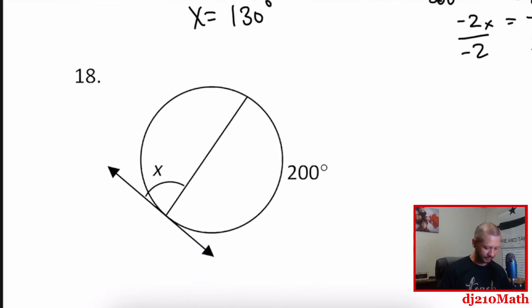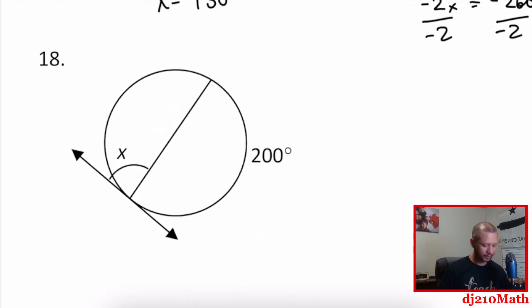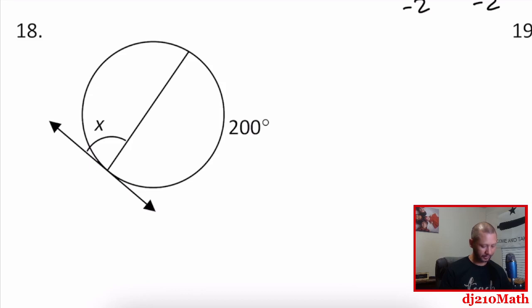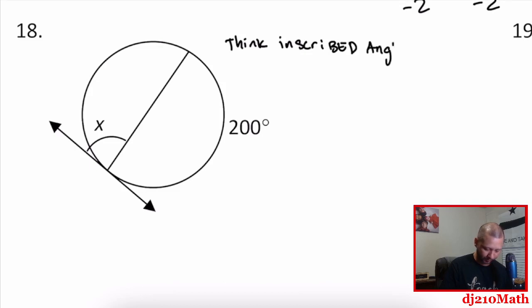All right, 18. This one's fun. Here the rule is you got to think inscribed angle. Because for an inscribed angle, the vertex is on the circumference of the circle. So inscribed angle says that the angle is half the arc.